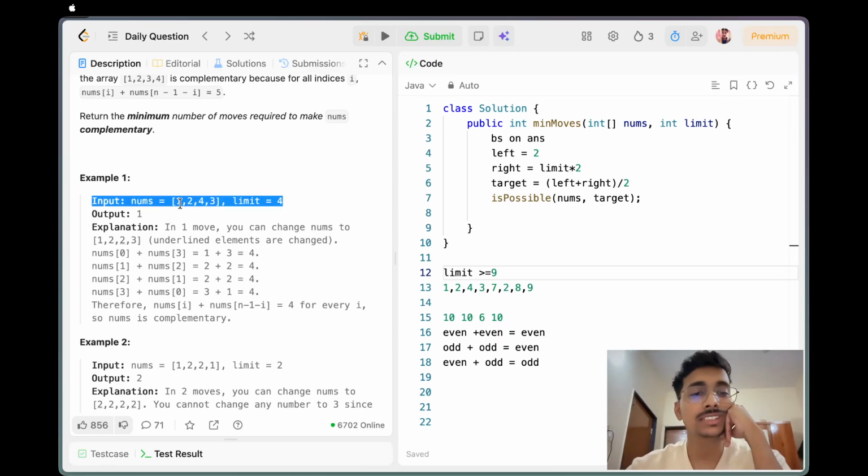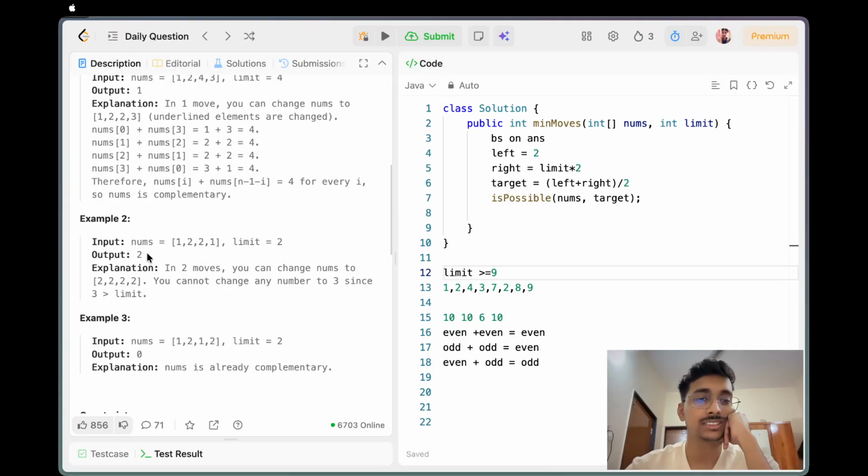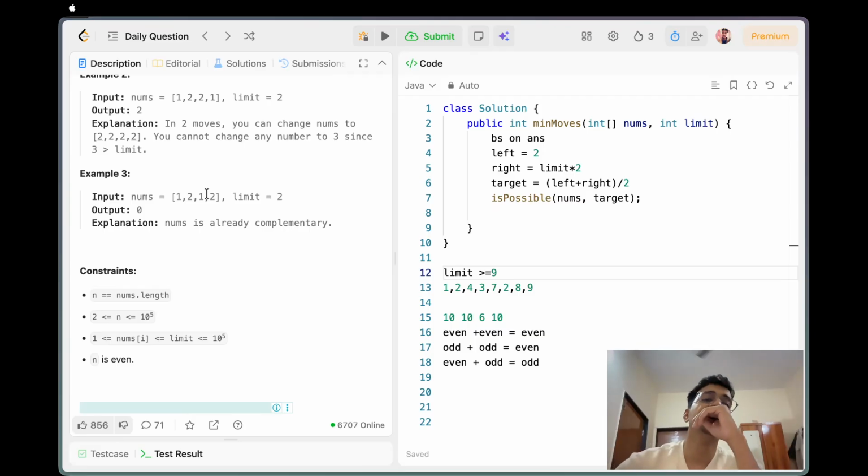What values do they consider? They consider the limit. What values did they consider? They consider the limit again. They considered values greater than limit.